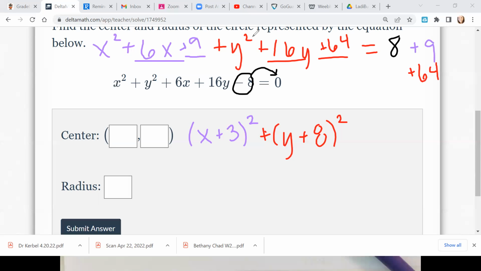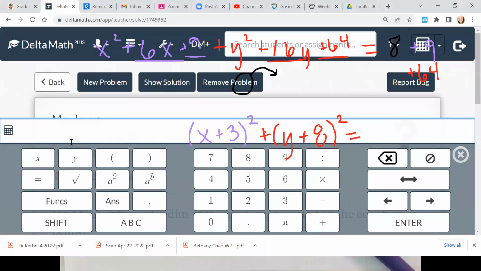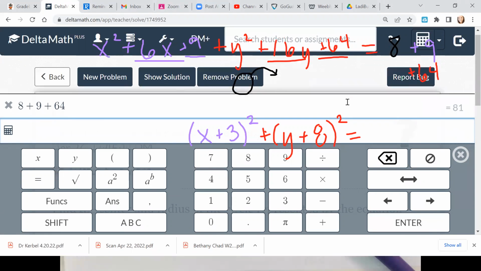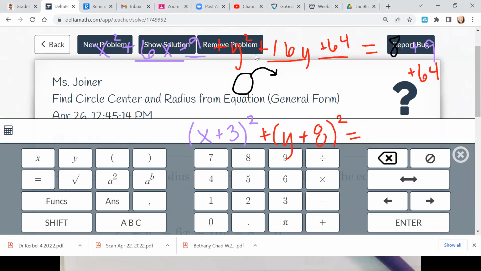And then how do I know my r? I have to add up these 3 numbers right here. So let's do that real quick. Calculator, we want 8 plus 9 plus 64. Okay, 81. Then what's the square root of that gonna be? 9.